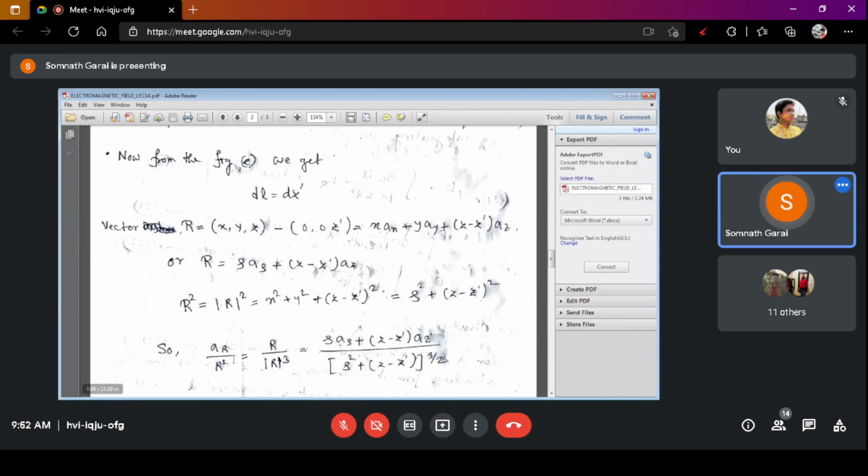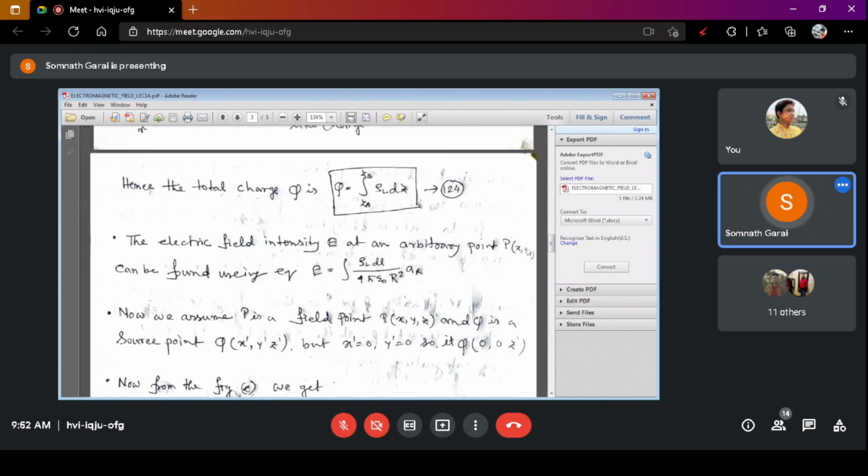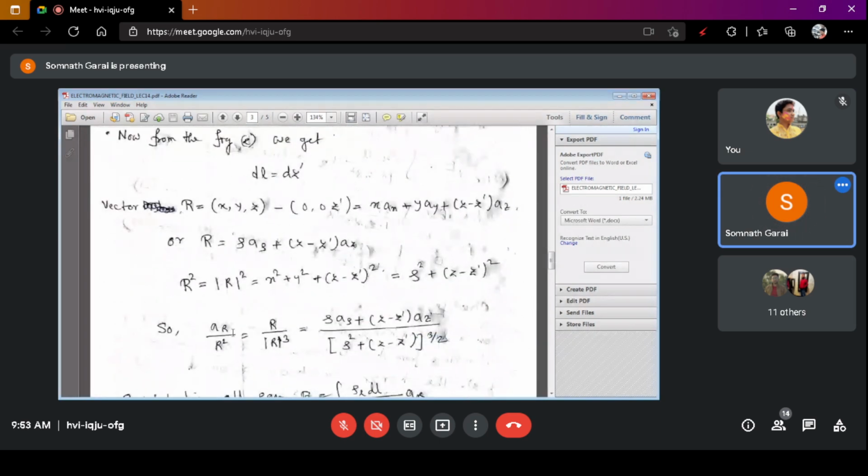Then we calculate this unit vector, aR by R square. We have to find it. We know that according to the unit vector, aR is equal to R by mod R, right?